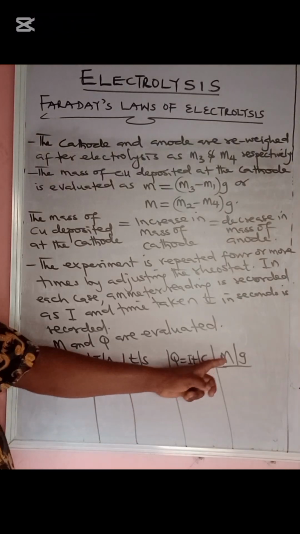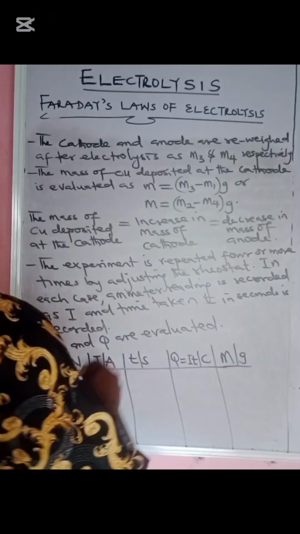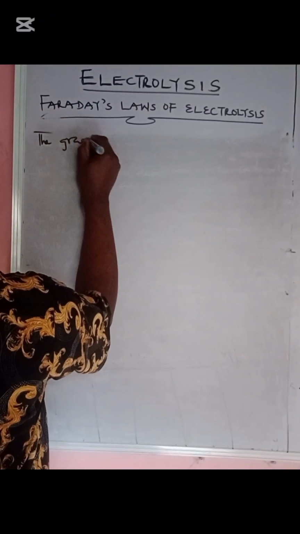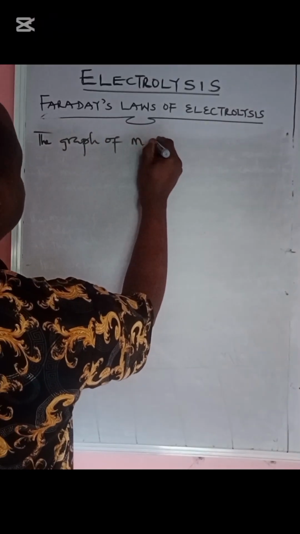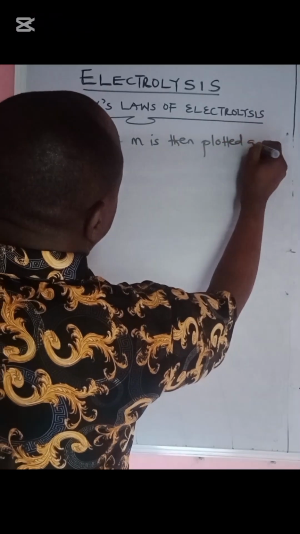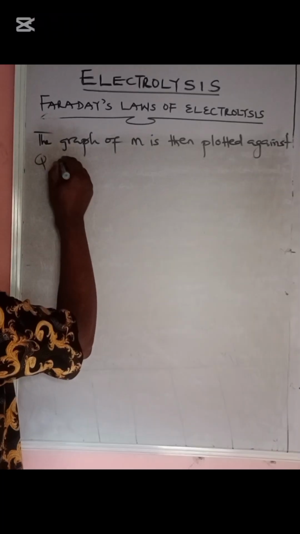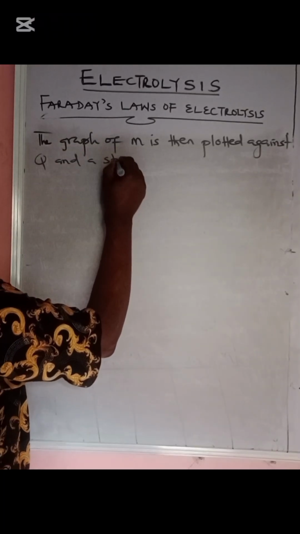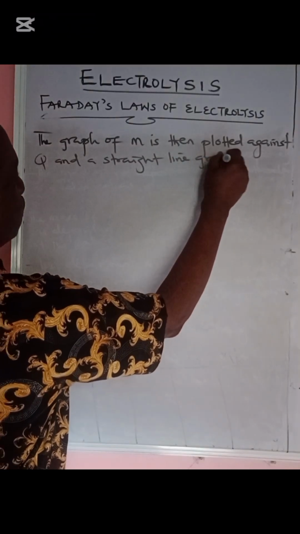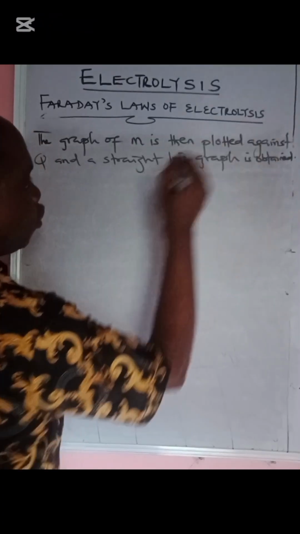So the graph of M is plotted against Q, and a straight line graph is obtained as shown below.